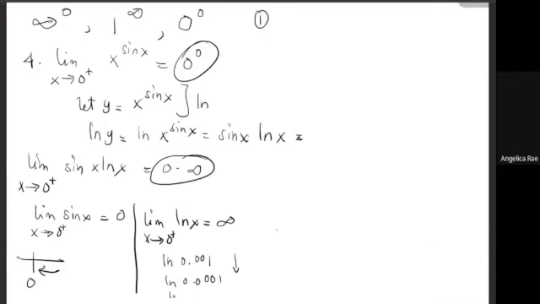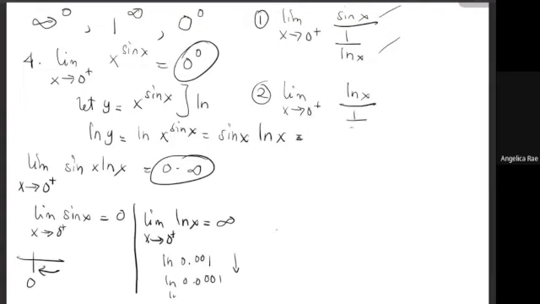One is you write this in the form sine of x over 1 over ln of x, quotient form. You have numerator, you have denominator. Or you may write this as ln of x over 1 over sine of x.